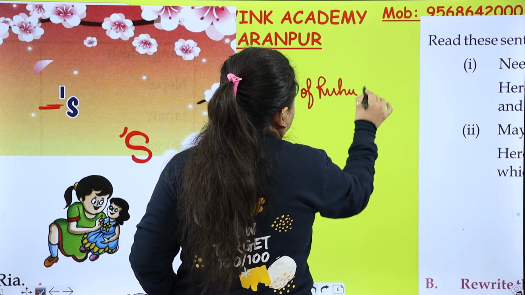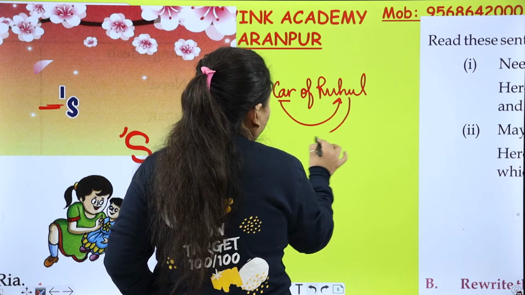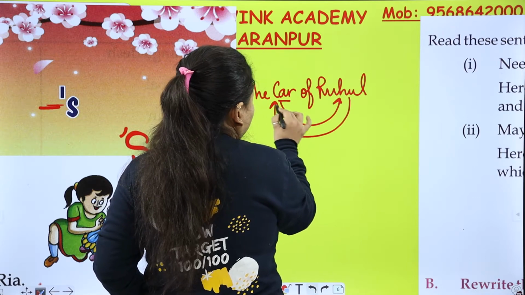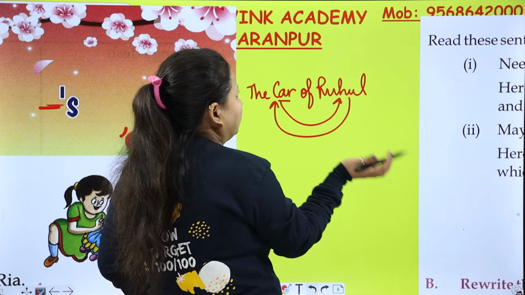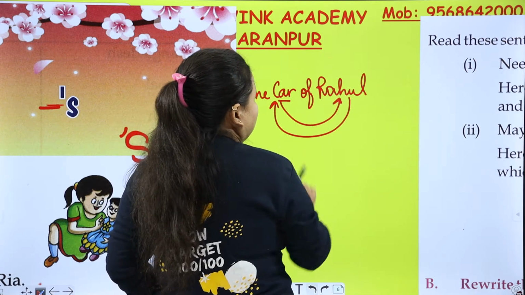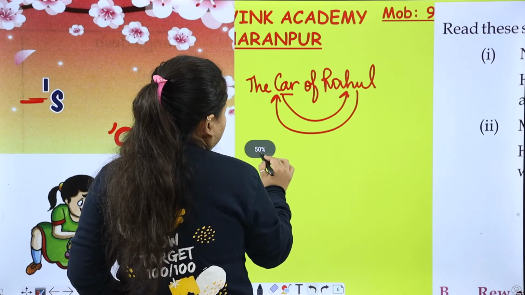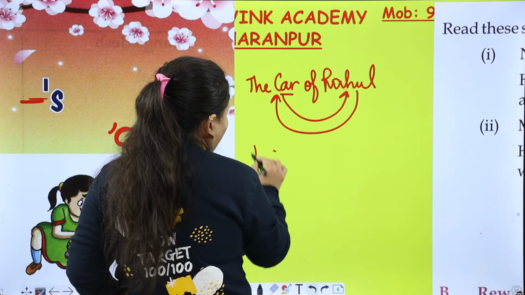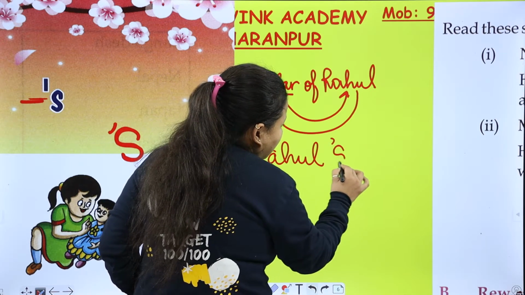It means this car belongs to Rahul. So there is a relationship between the car and Rahul, and there is ownership. So we can say the car of Rahul, Rahul's car.